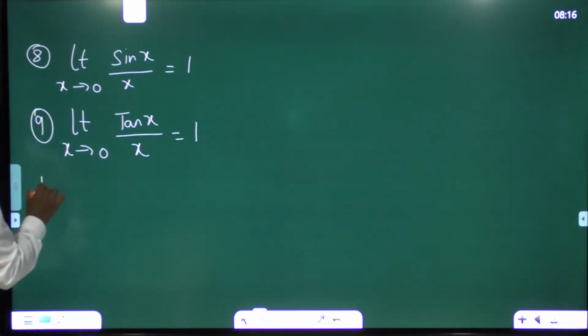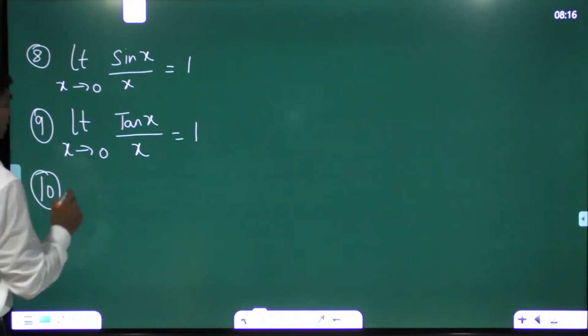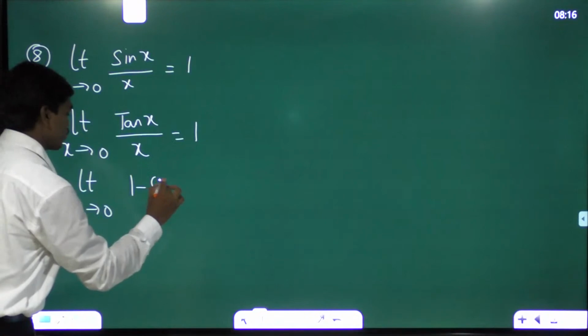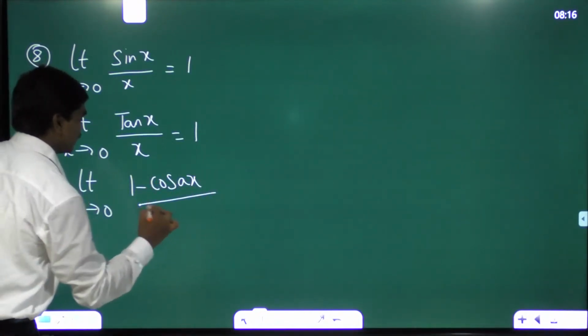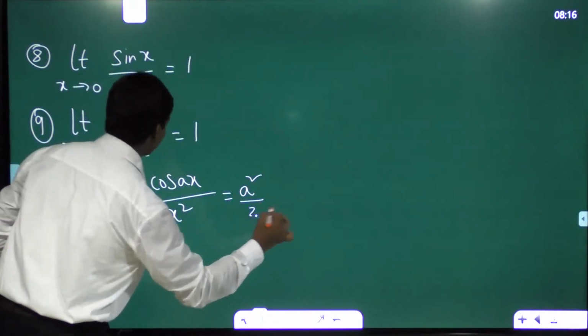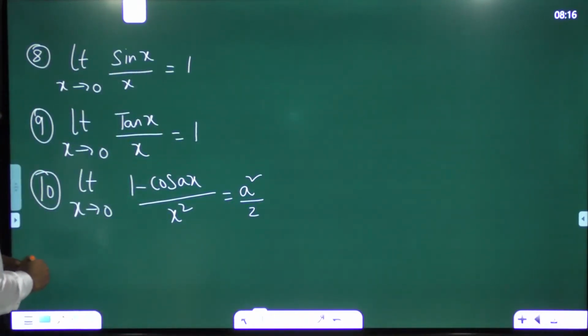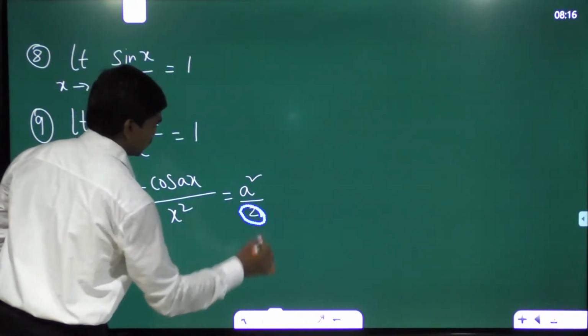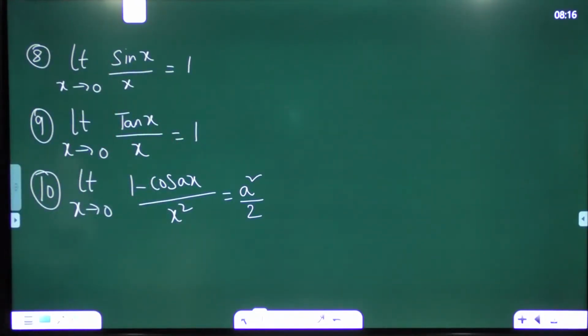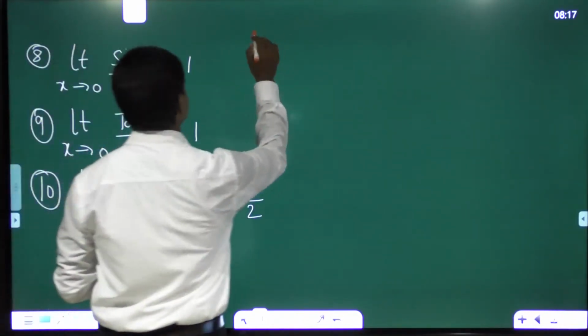Okay. Then 10th, limit x tends to 0, 1 minus cos ax divided by x square is equal to a square divided by 2. Now let me write this 2 a bit clearer so we could see things. Okay, next.